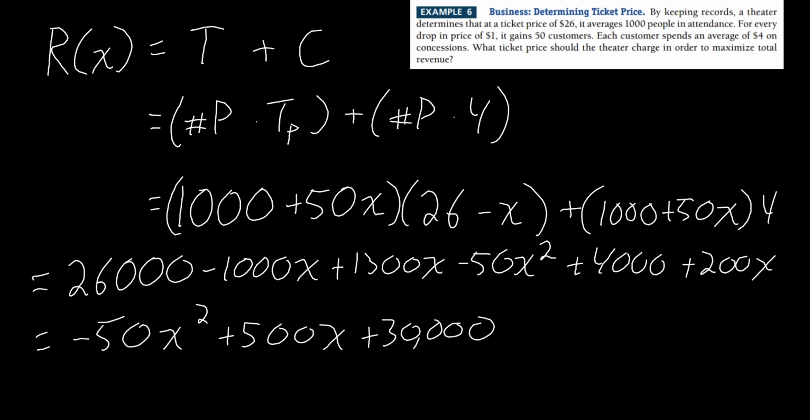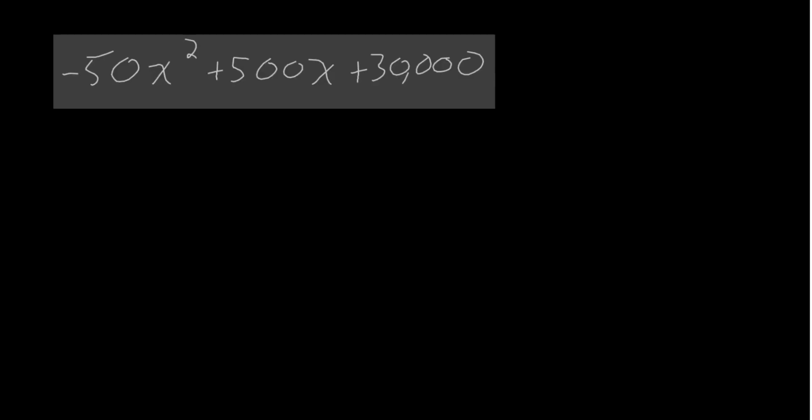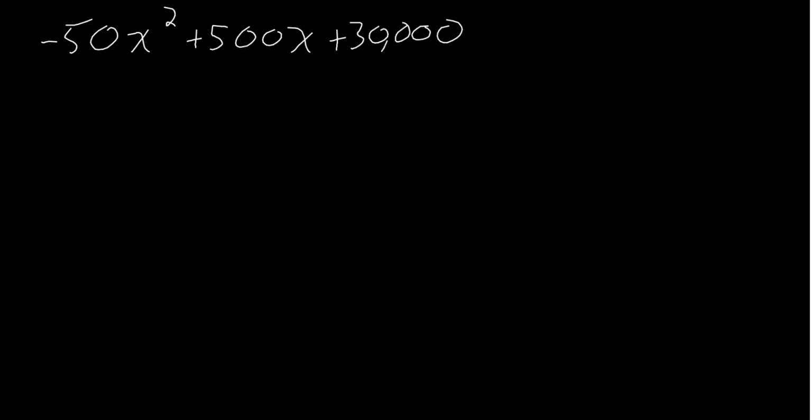Whew. All right, so that is my revenue function now, R of x. Let's take this R of x and take the derivative and finish this problem off. So R prime of x. I like differentiating these. These are so much easier than fractions. It's negative 100x plus 500.